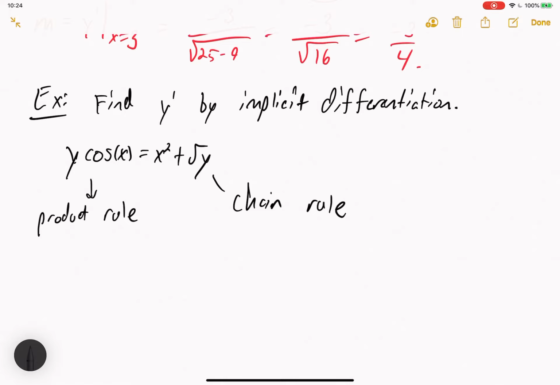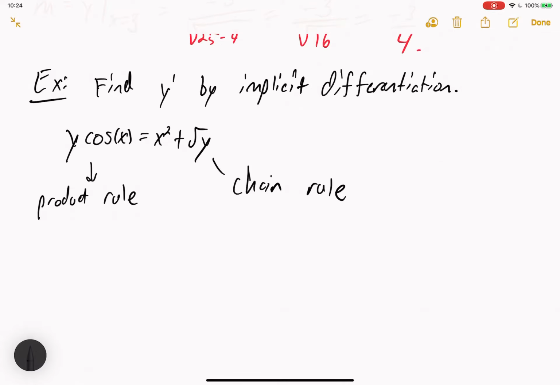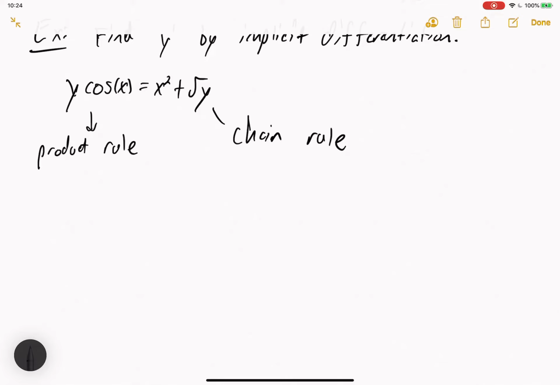Or in this case, we're going to be writing y prime instead. Because typically you'll see this prime notation whenever you look at derivatives. It's a very common thing in terms of ODEs if you were going to take that course.